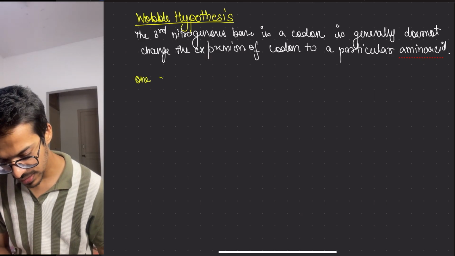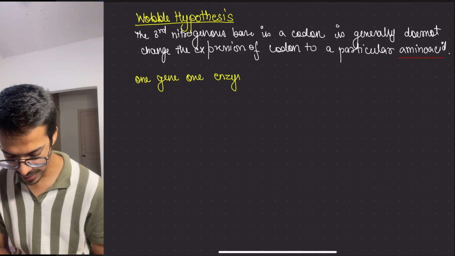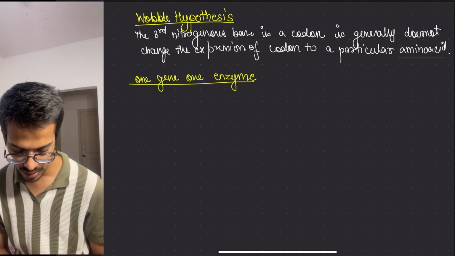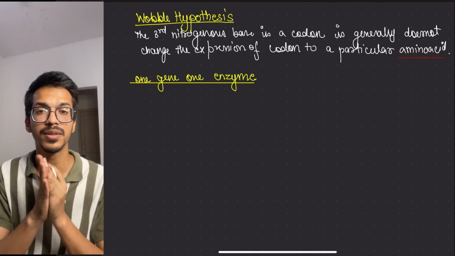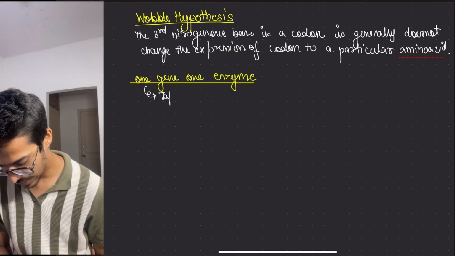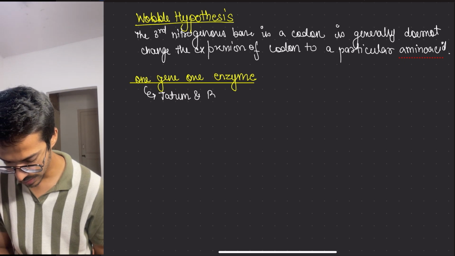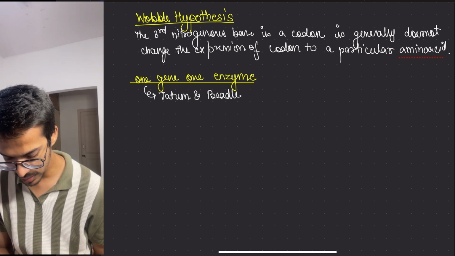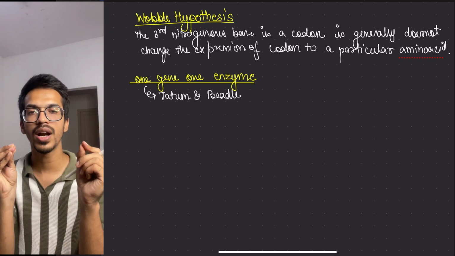Okay, after this is the one gene, one enzyme hypothesis. Now we always used to say that one gene is responsible for a character. So what happened? There were two persons, Beadle and Tatum. They said that one gene will make only one type of polypeptide.